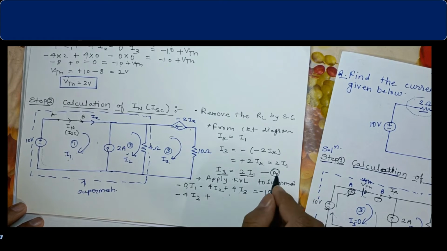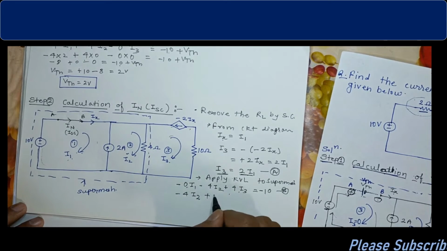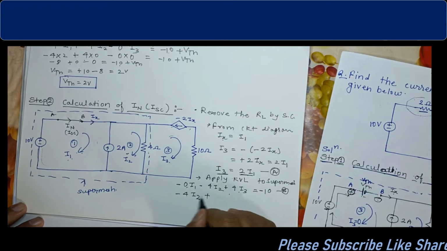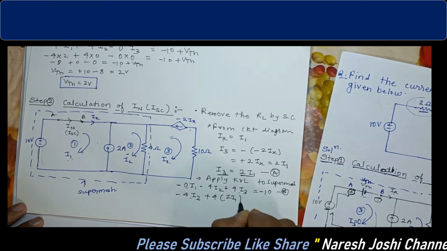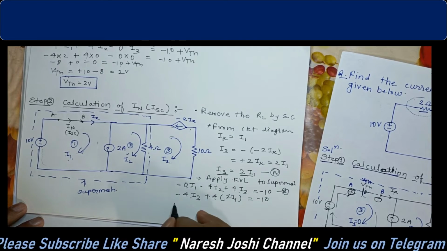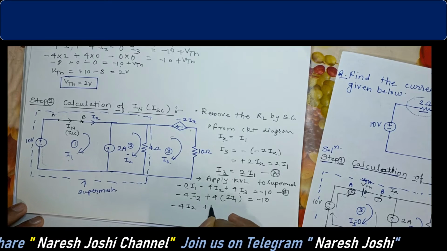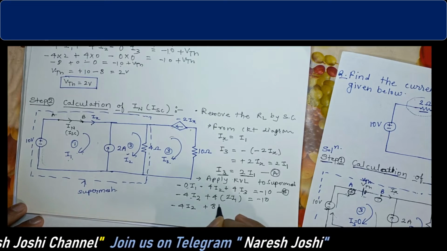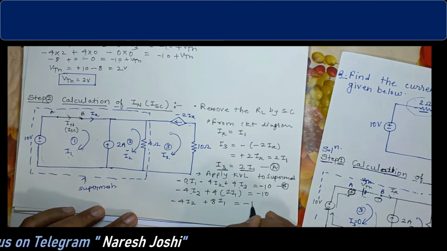So we will put equation A into equation B. Okay, so now you can see 4I3 equals 2I1, and this is minus 10. So if we simplify it, it is minus 4I2, plus 4 into 2, which is 8I1, equals minus 10.